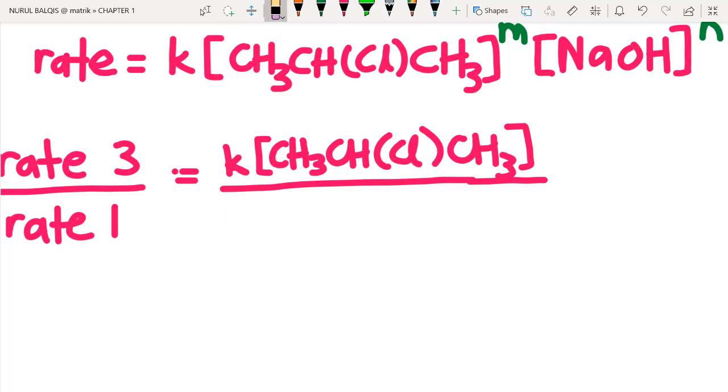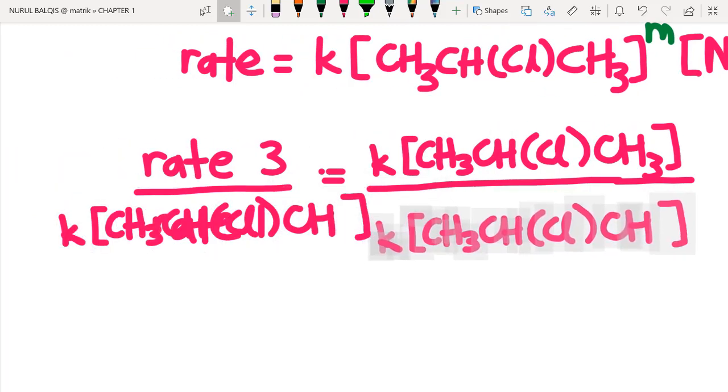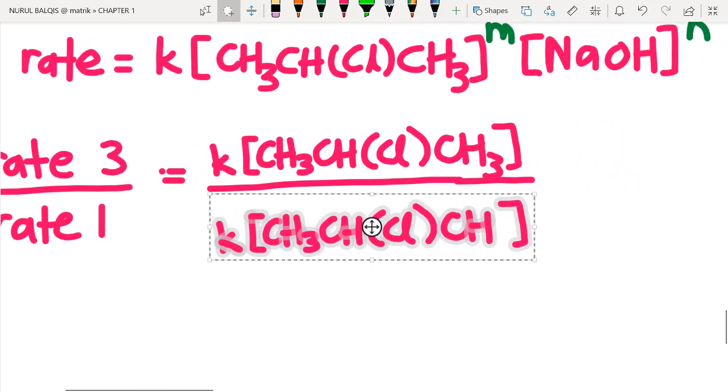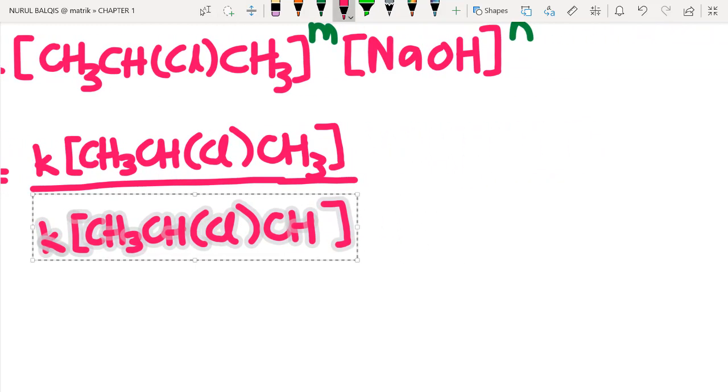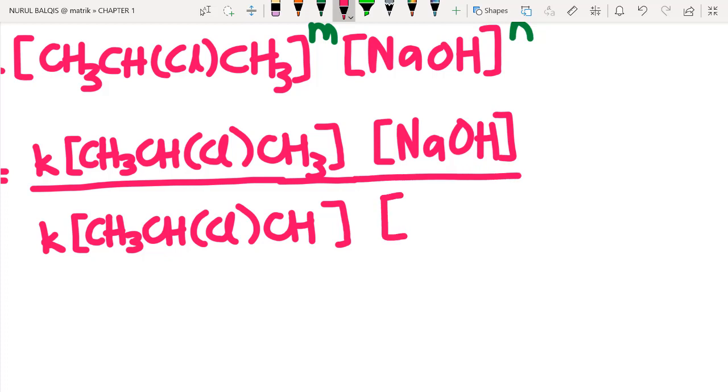So I guess I should just use this lasso tool so that I can copy them and paste them here. And we have another one here, sodium hydroxide, and also sodium hydroxide.